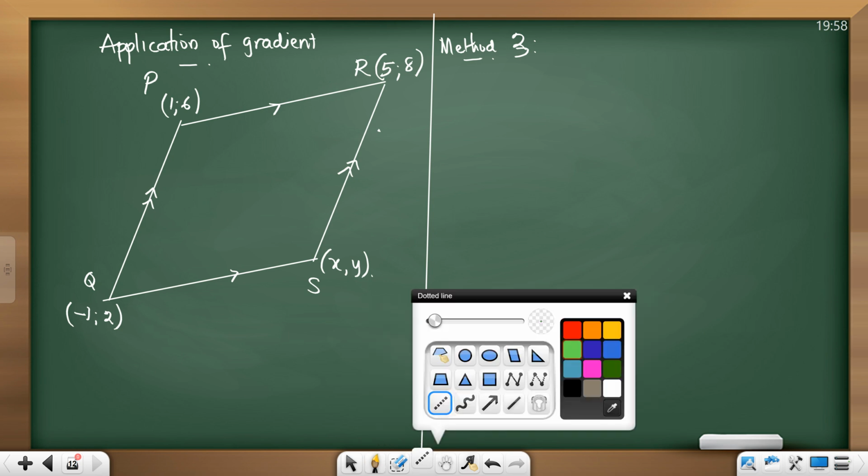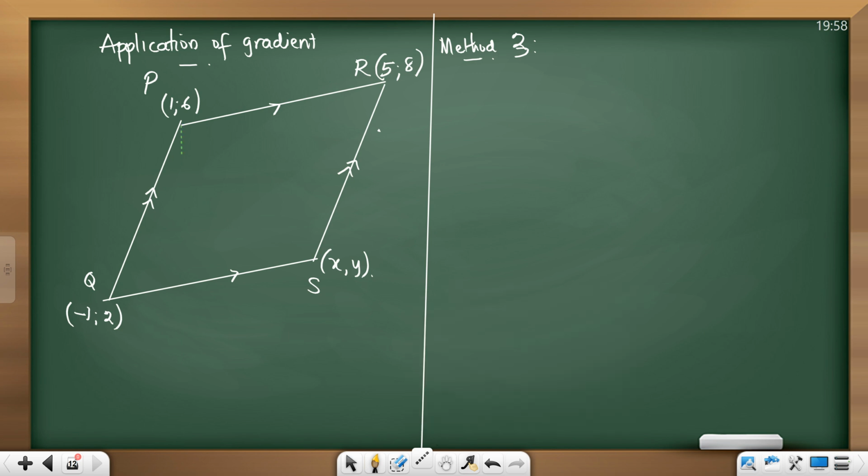And the easiest way is to do this. If I were to draw a vertical line here, all right, and a horizontal line there. Vertical line and horizontal line. Look at my x values, guys. My x value here is 1.